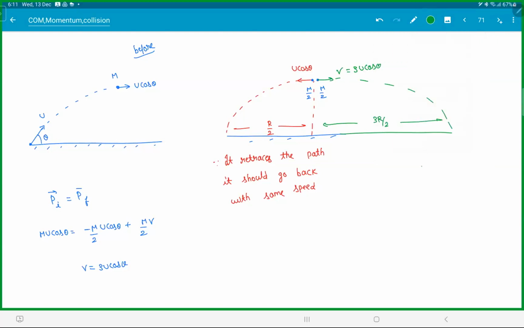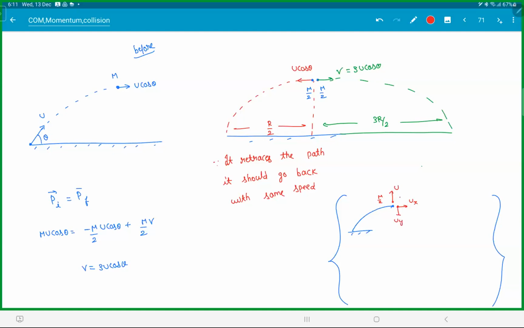Now, why is this method useful? Every time it won't go like this. For example, after projecting, it can happen like this also. One particle goes up with u, then the second particle will have ux and uy.